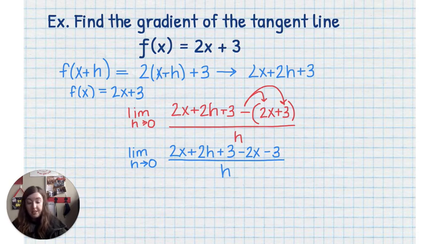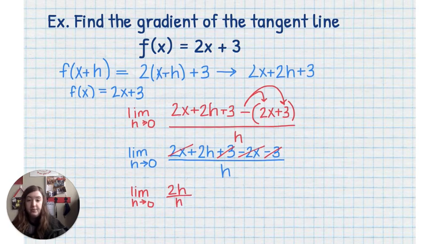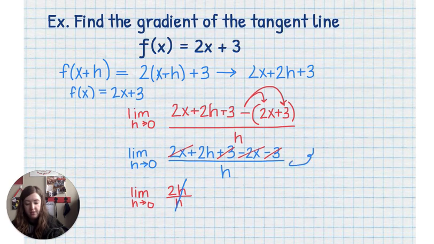I have a positive 2x and a minus 2x, so those will add to 0 and cancel out. I have a positive 3 and a negative 3, so those will add to 0 and cancel out. So now we're looking at the limit as h approaches 0 of 2 over h. Well, then the h's should go ahead and cancel out. By the way, up here, everything without an h should cancel out.